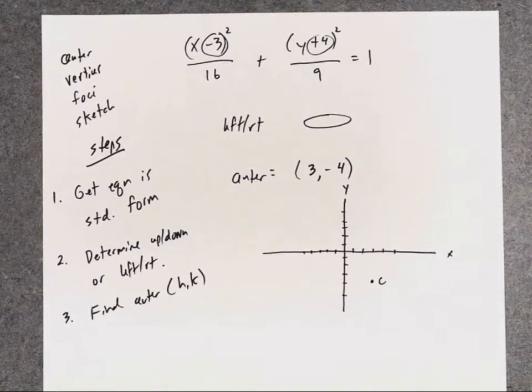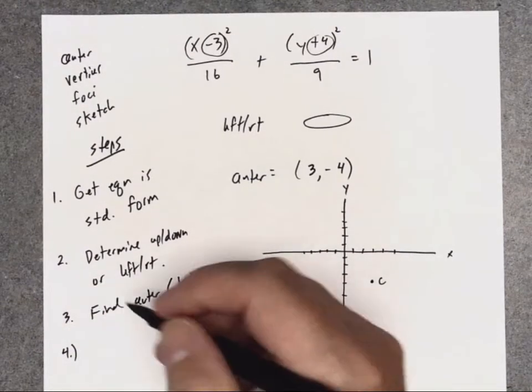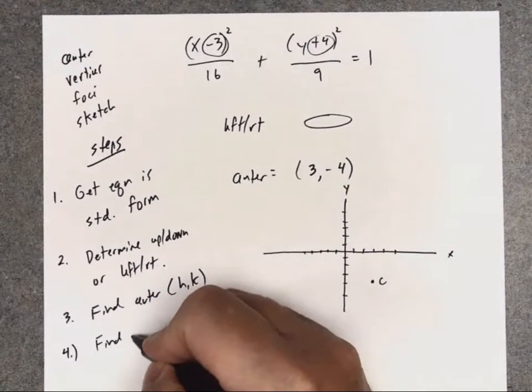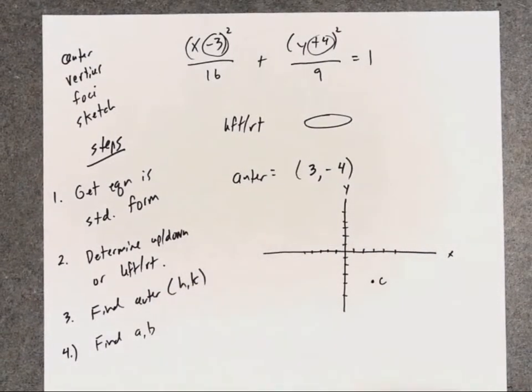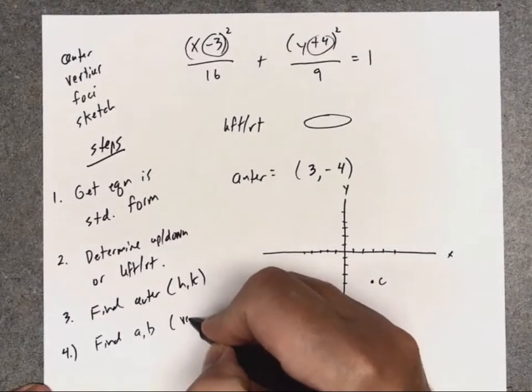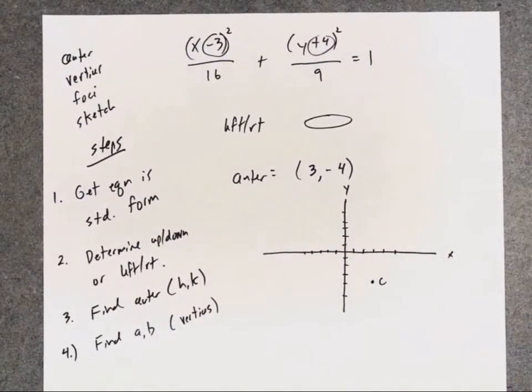Now, fourth step, I'm going to find those variables a and b, which is another way of saying I'm going to find the vertices.